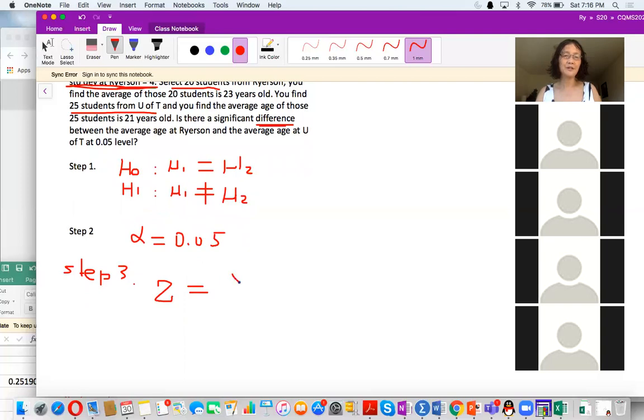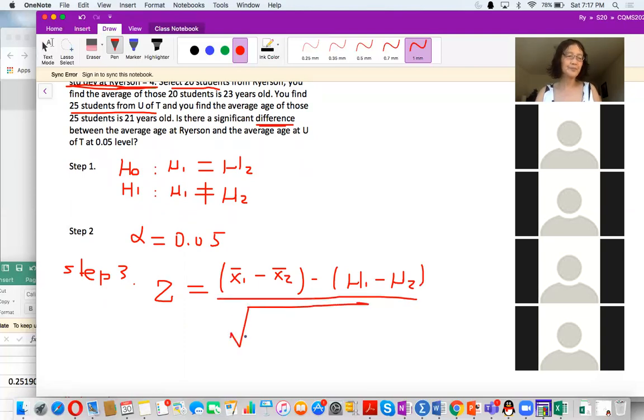The formula says sample 1 average minus sample 2 average, minus population 1 mean mu1 minus population 2 mean mu2, and then divided by the square root of population 1 standard deviation squared divided by sample 1 size, plus population 2 standard deviation squared divided by sample 2 size.